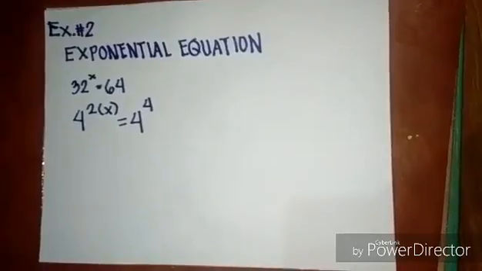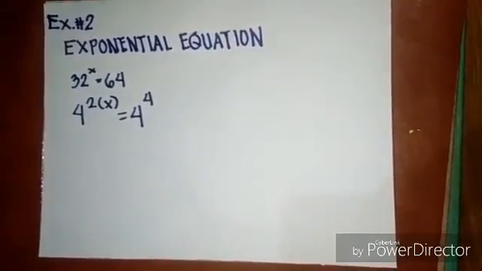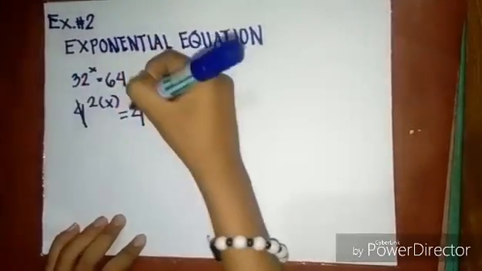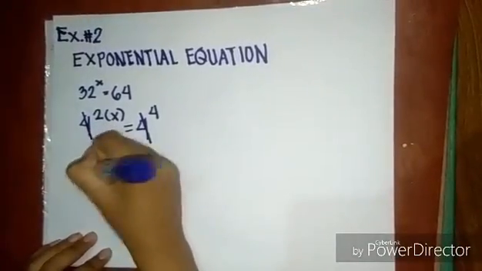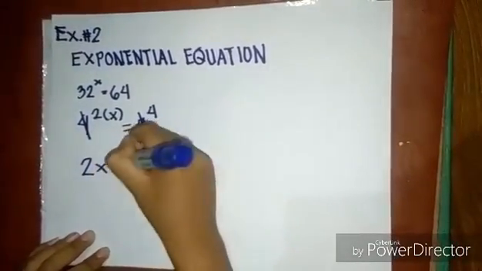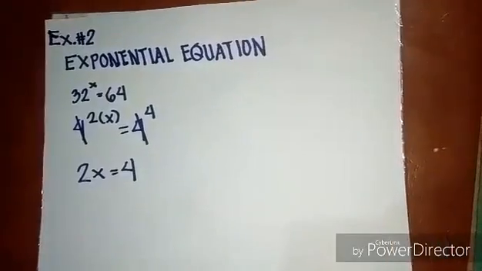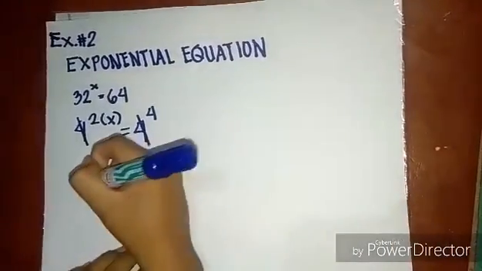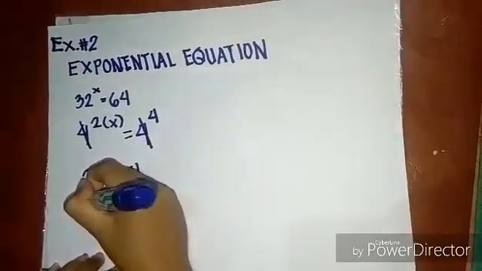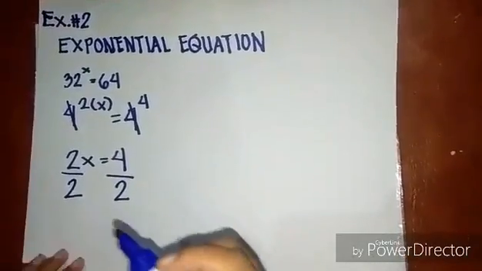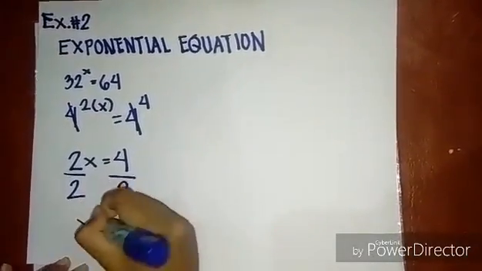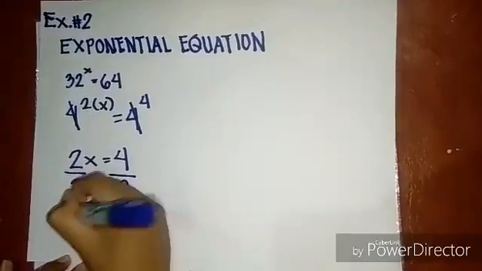By the property of exponential equation, cancel out 4. So, 2x equals 4. Divide both sides by 2. So, the answer is x equals 2.